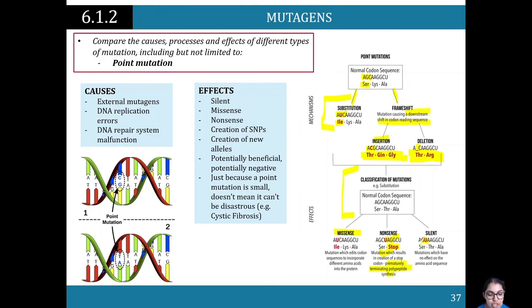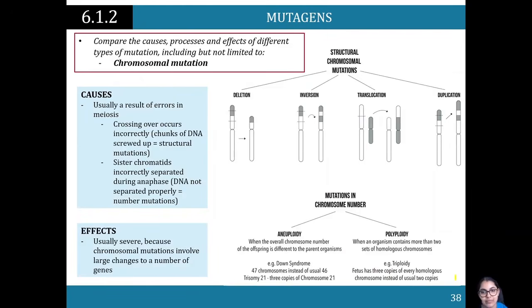So AGU also leads to the amino acid SER, I don't know the full form of SER, but it leads to the production of this specific amino acid, and so does AGC. So there are a couple of anticodon combinations that will lead to the same amino acid being formed, and as a result, luckily, there is no effect on the amino acid sequence.